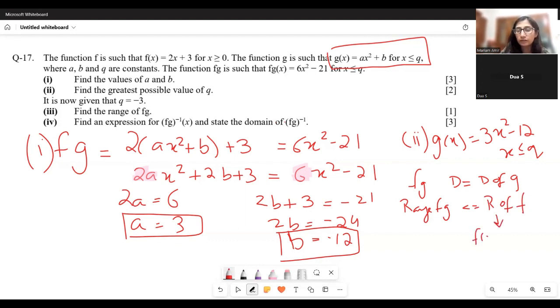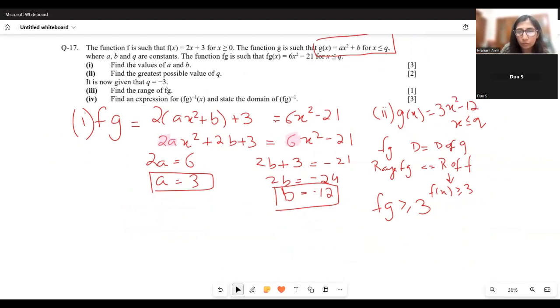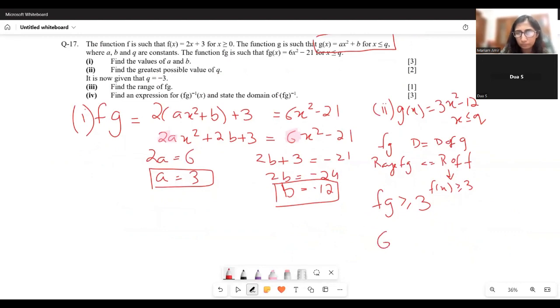Can you tell me what the range of f is? Yes, greater than or equal to 3. That means fg's range is also greater than or equal to 3. So fg is replaced by 6x squared minus 21 greater than or equal to 3, so 6x squared minus 24 is greater than or equal to 0.